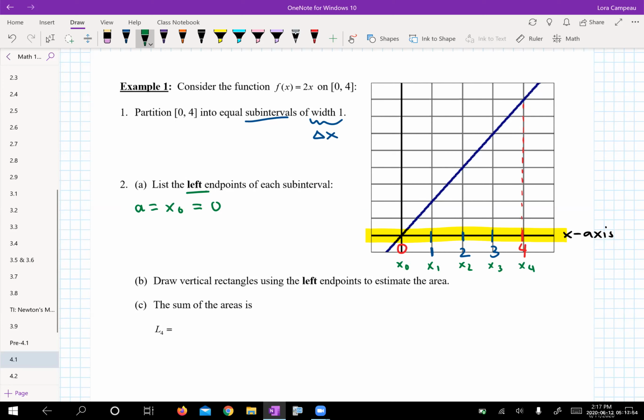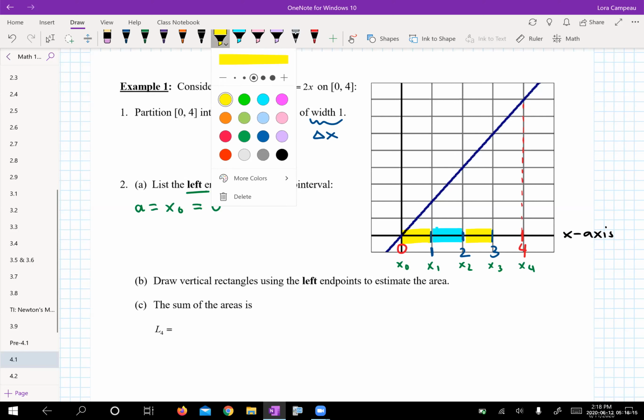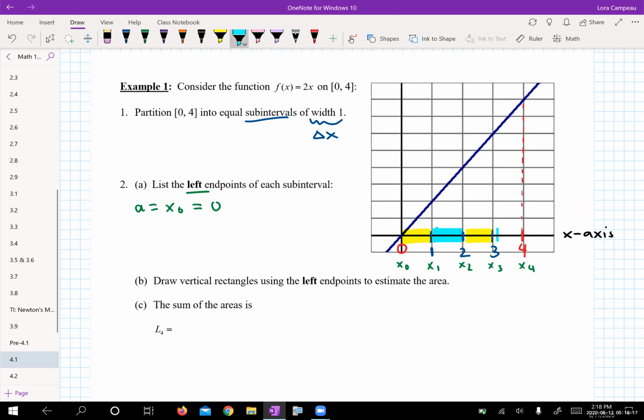Let's look at our subintervals. I have 1 subinterval, 2 subintervals, 3 subintervals. And remember, I'm only looking at the distance from 0 to 4, so there are only 4 subintervals. Don't go crazy.